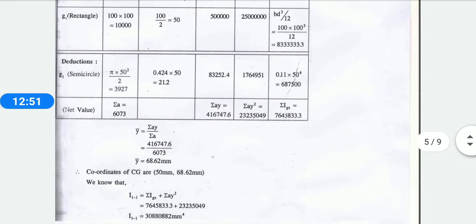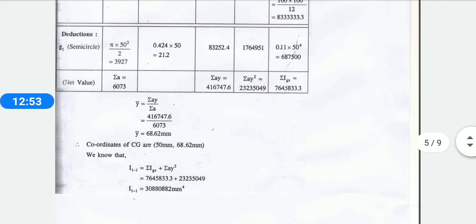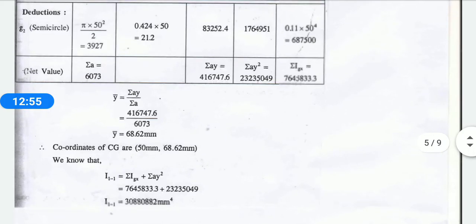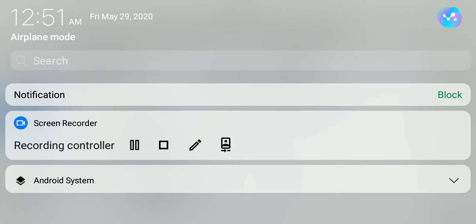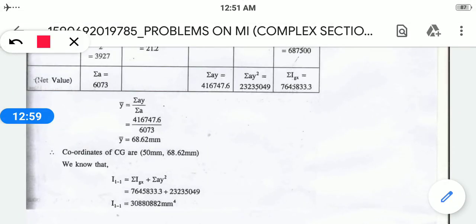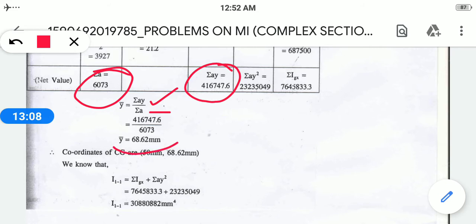After finding that, you need to find your y bar value. Y bar value is equal to summation of ay divided by summation of a. Already we know the value of summation of ay and summation of a. Substitute and get your y bar value. Now we need to find our I of 1 1, which is equal to summation of I of gx plus summation of a y square.